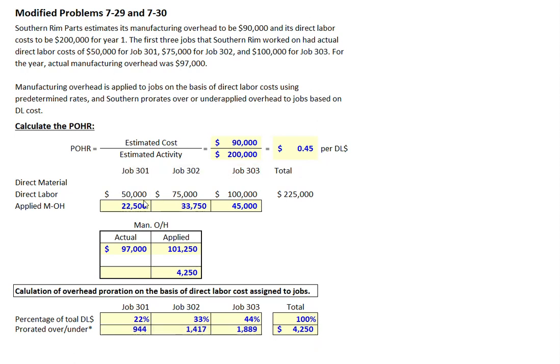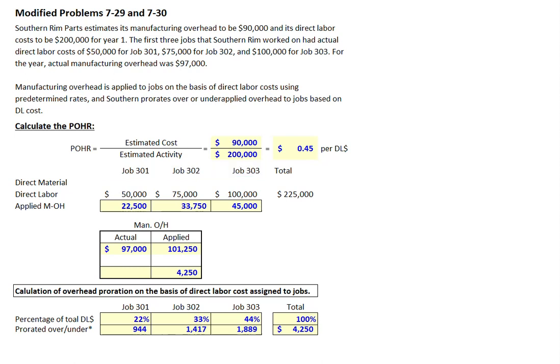Of course, these could have been to work in process job 301 if that's where it was, or it might have been finished goods job 301, or it could have been cost of goods sold 301. We'll make those entries directly to the subsidiary ledgers for jobs 301, 302, and 303.